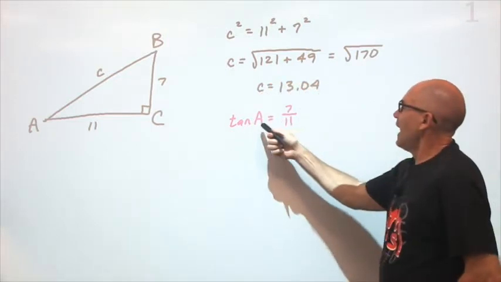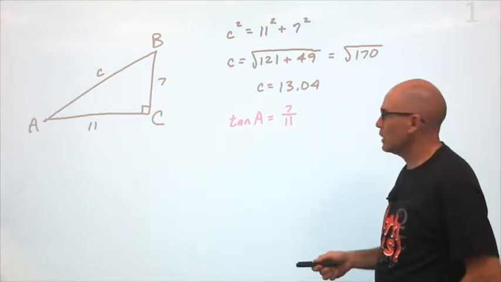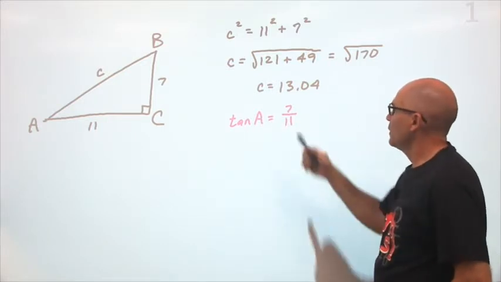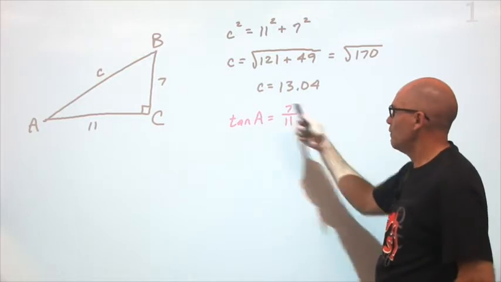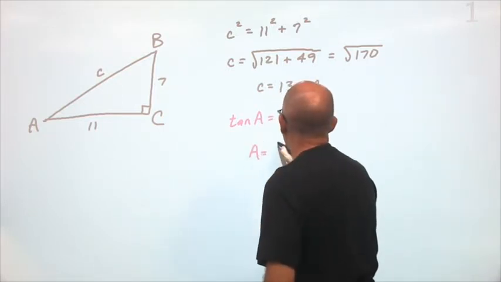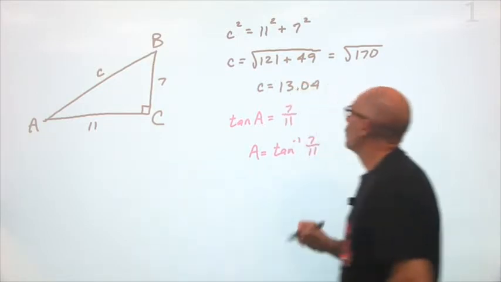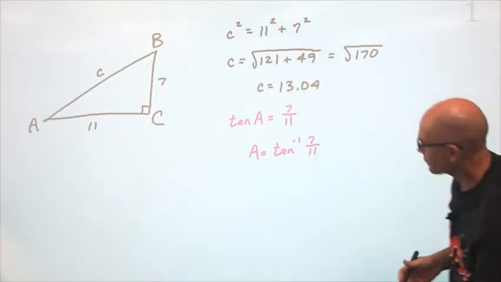Now we need angle A, so we need to undo the tangent function. So what we're going to do is take the inverse tangent of both sides, and so angle A is going to equal the inverse tangent of 7/11. Well, now it's calculator time.